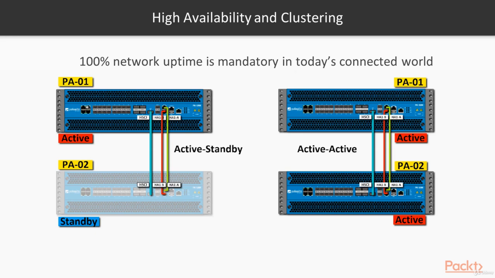So in the Palo Alto, I can configure link and path monitoring. When you configure active standby or active-active pairs or clusters, you're going to have some parameters that you have to configure and tell the Palo Alto, hey, if this happens, I want you to fail over. For example, if you want to configure a monitor policy, you can say, I'm going to constantly ping to the outside, and you can ping Google's popular DNS 8.8.8.8, or you can ping 4.2.2.2.